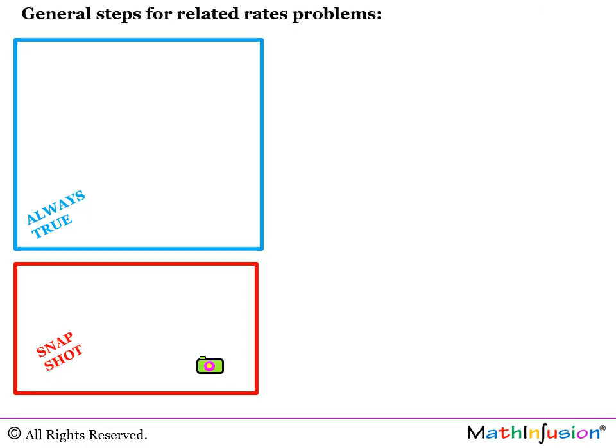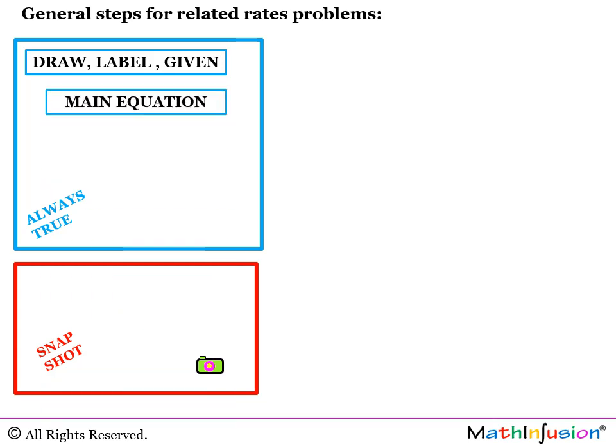Here are general steps for a related rates problem. It has two parts, the always true and the snapshot. In the always true, first we have a good drawing and we label everything, and we notice what is given with respect only to the always true. Then we have to find the main equation that will connect all the variables.